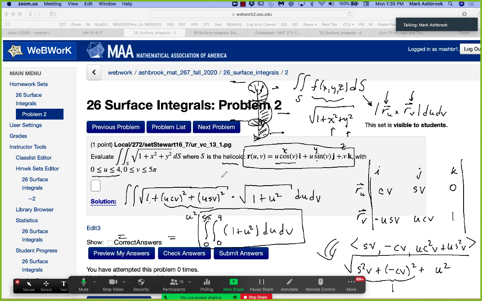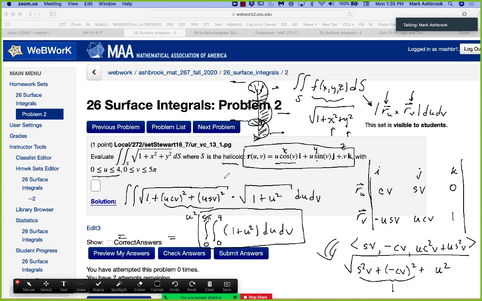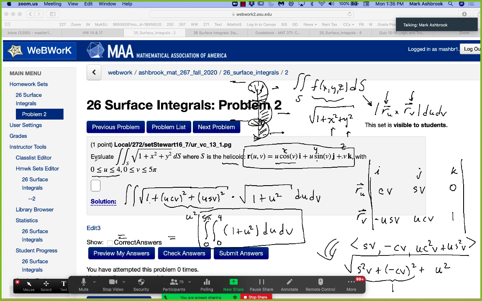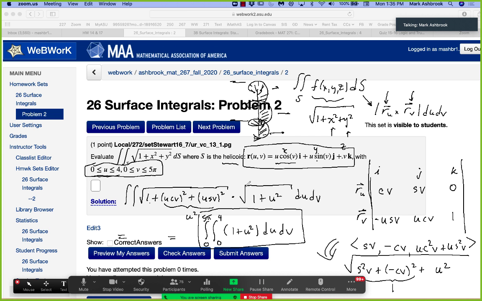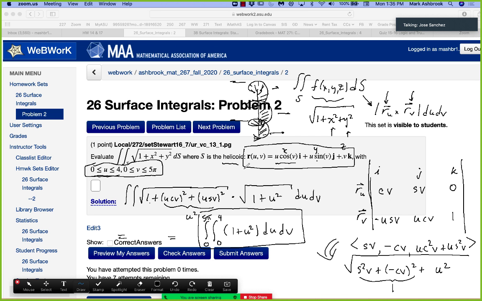Okay, so the next one has us find the surface area of this helicoid. Let's talk about it briefly. How would we find the actual area of the helicoid for these bounds? What would be different? Let's just set f to 1, so it'd just be the square root of 1 plus u squared, and take that integral.